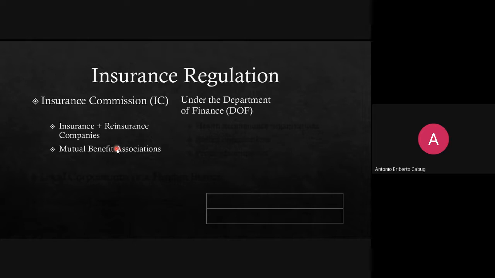mutual benefit associations. Nakikita nyo yung mga savings and loan association, yung bang mga paluwagan, no? Yung mga pulis, yung mga sundalo, mga AFP, mga PNP, they have their savings and loan association.